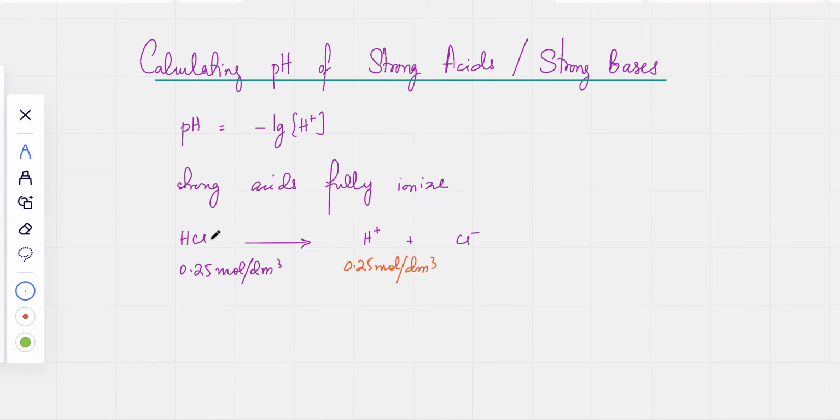Hence, there is no confusion. You can simply calculate pH. What is pH? pH is the negative log of the concentration of H plus 1 ions, which in this case would be 0.25. And tell me what the value is.